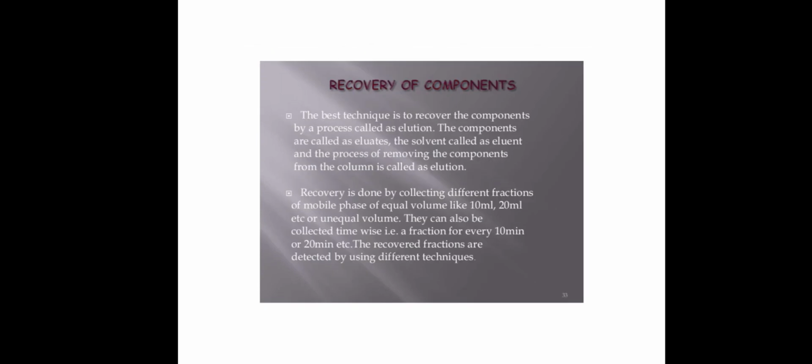And finally, recovering of components. The best technique is to recover the components by the process called elution. The components are called eluates, the solvent is called the eluent, and the process of removing the components from the column is called elution.